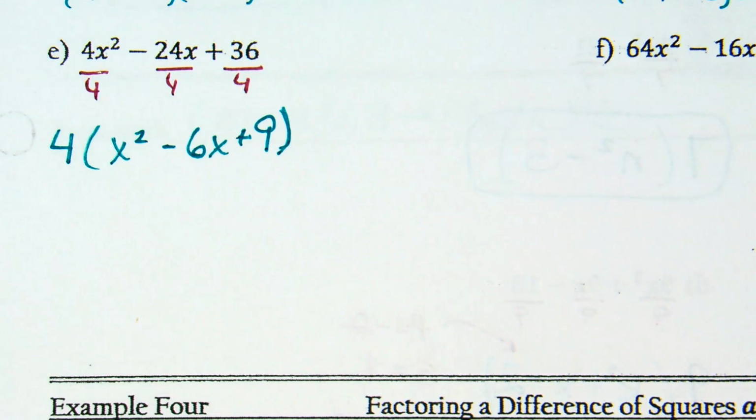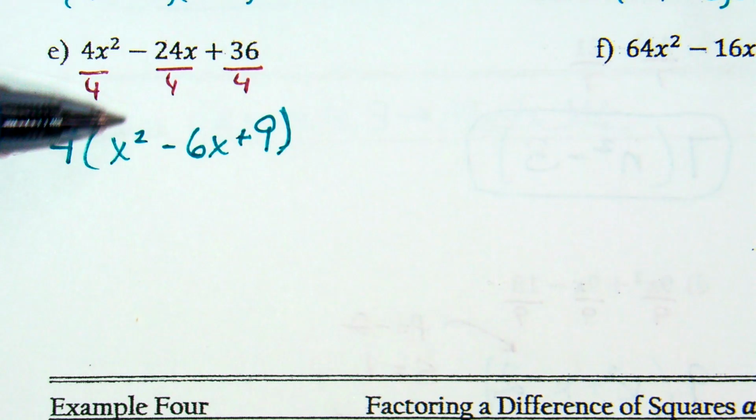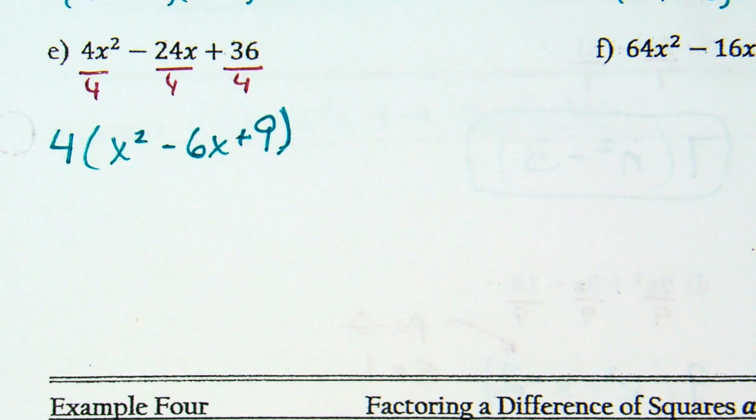Do I get to stop just because I factored out a GCF? No. You need to continue, okay? And you need to continue processes here. We could look at the process we just did, product of AC. But let me point out something. What do you notice right here about x squared? Is there a number in front of x squared now? No. I mean, the 4 is there, I know.